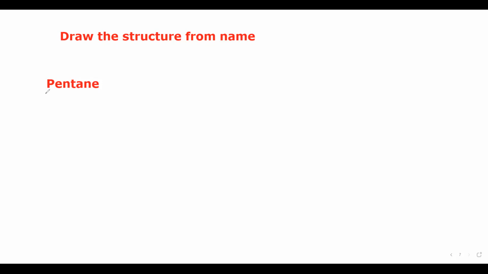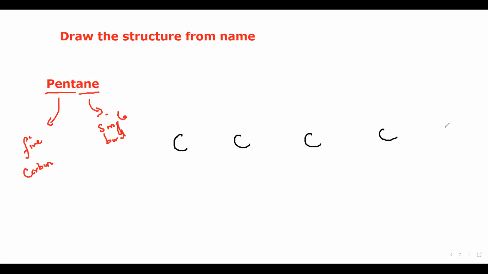Pent, I have to check, pent means what? Pent means 5. So there are 5 carbon. And ane means what? Ane means they will have a single bond. The bond between the atoms will be single. So for pentane, draw 5 carbon, 1, 2, 3, 4, 5. Then we'll make a single bond between them because it's an alkane.